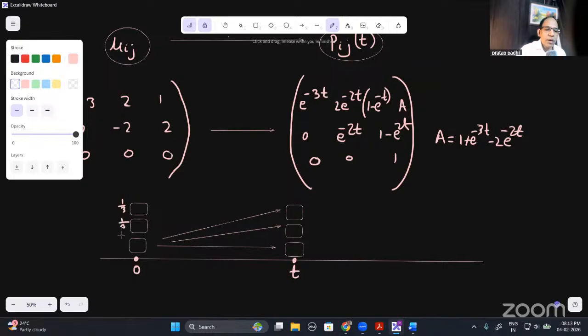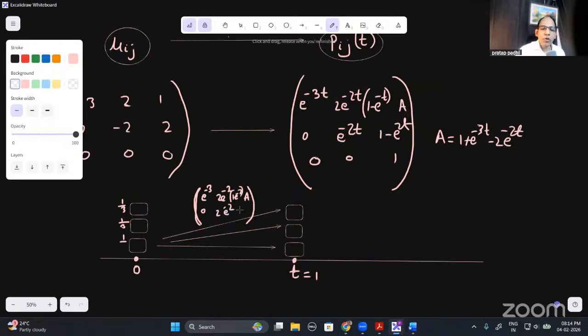And if you put t equal to 1 in this transition matrix, you will get the one time period, 1 year, transition probabilities. You can use a calculator. You will get 2 e to the power minus 2, 2 e to the power minus 2, 1 minus e to the power minus 2, then A whatever value, 0, 2 e to the power minus 2.